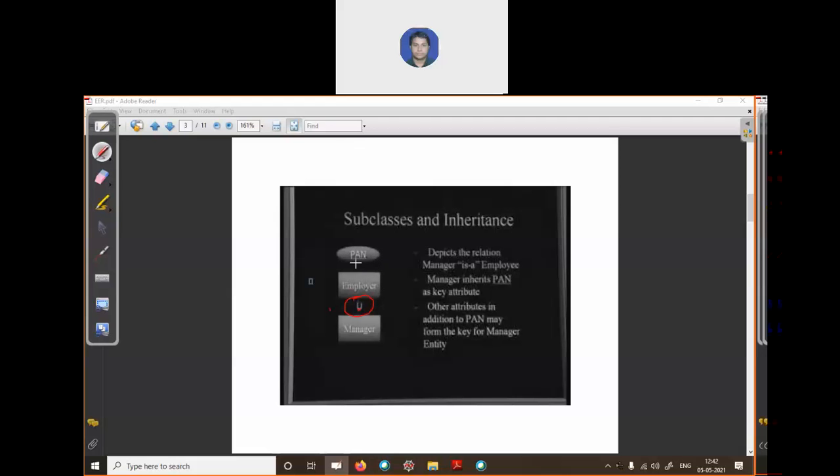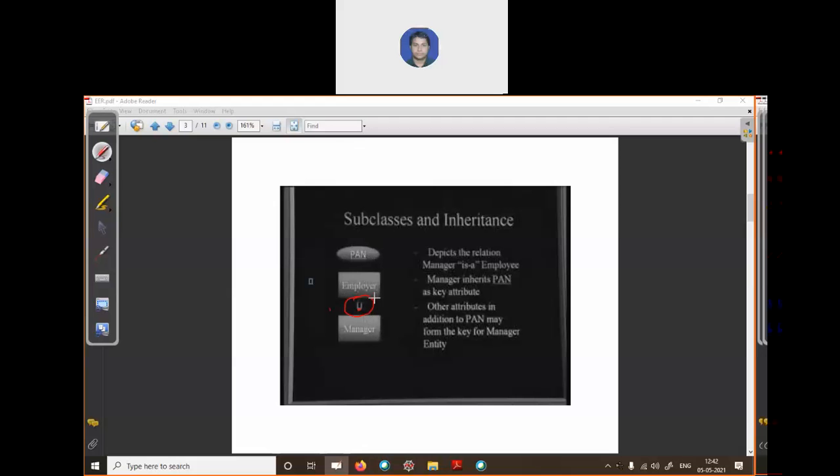In the same way, if you define the key for the superclass, the same key will be retained by subclasses as well. Using this key attribute, you can uniquely identify a manager as well. You uniquely identify an employee by this representation, and in the same way, by this PAN number you can uniquely identify your manager as well.